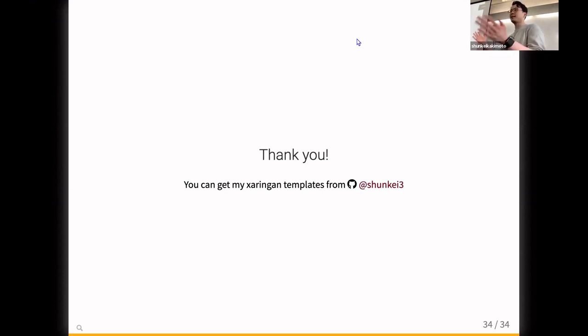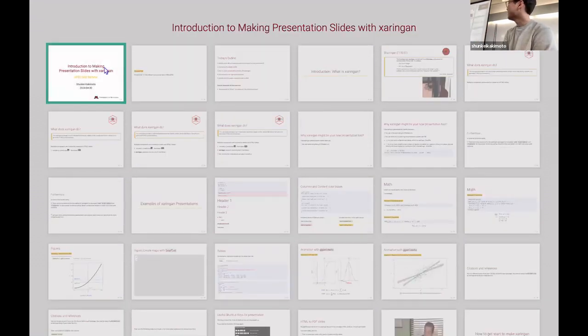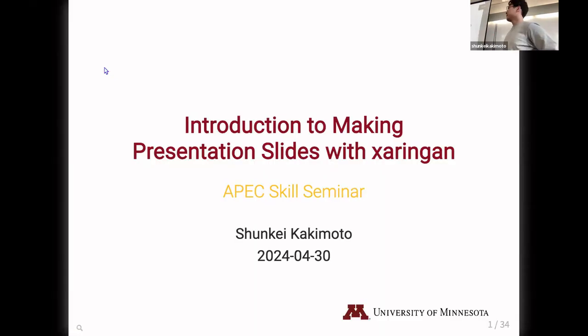Okay, so that's it from me. I created this UML style Xaringan presentation CSS file on my GitHub, so you can get it and freely use it if you want. So that's it from me.